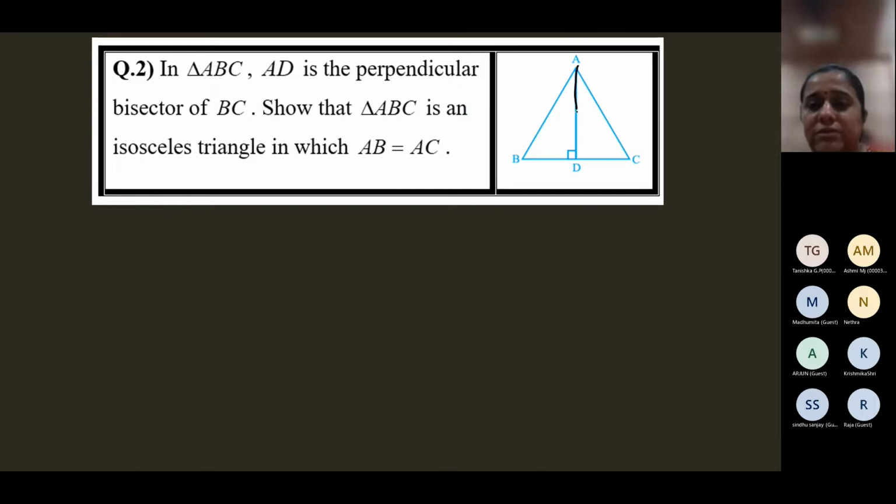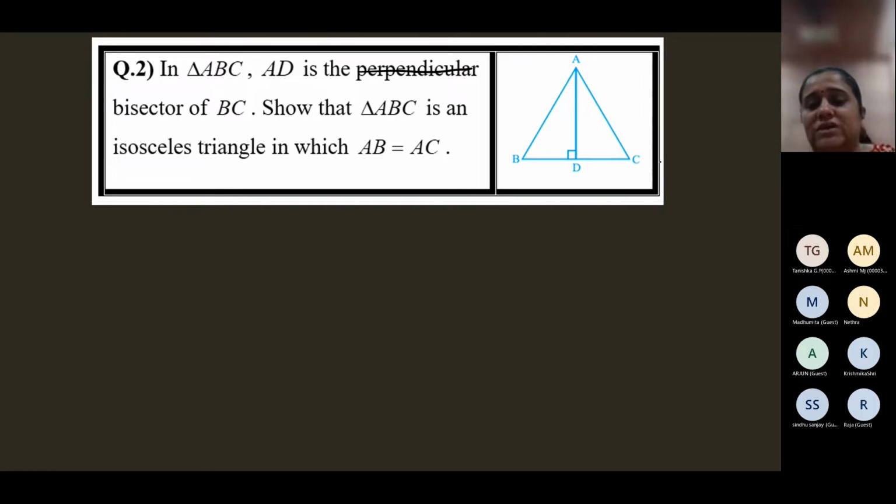AD is the perpendicular bisector of BC. That means there are two things. Read it like this: AD is perpendicular to BC, that means AD is perpendicular, 90 degrees, to BC. Then the other thing is AD is the bisector of BC.